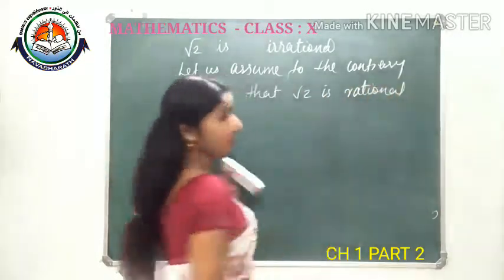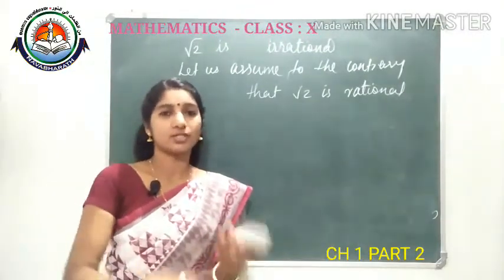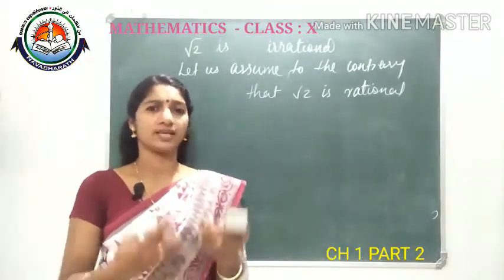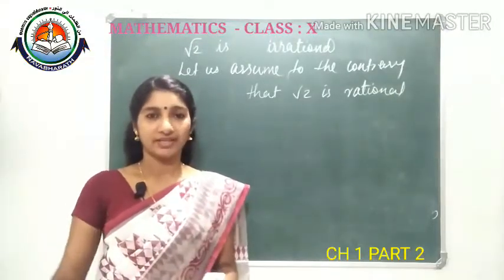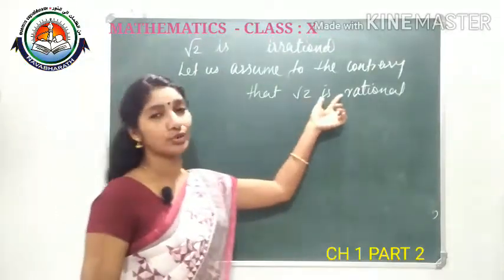Actually we need to prove root 2 is irrational. Instead of that one we are just assuming, suppose root 2 is a rational number, what will happen? We can just continue with the assumption root 2 is rational.